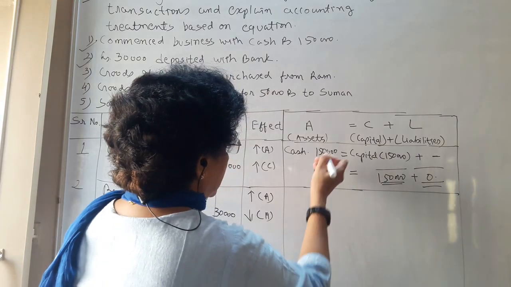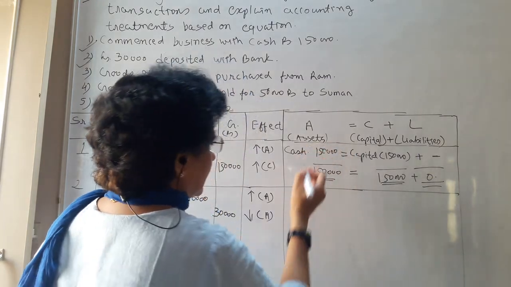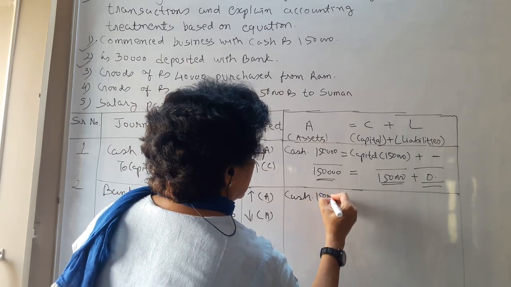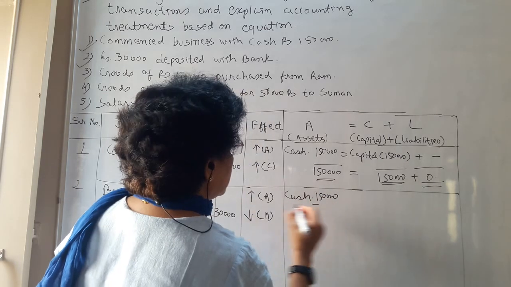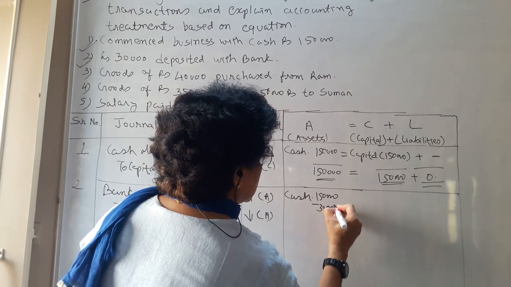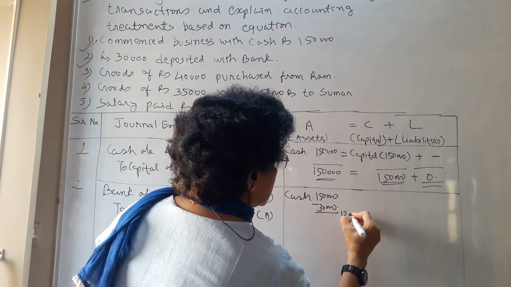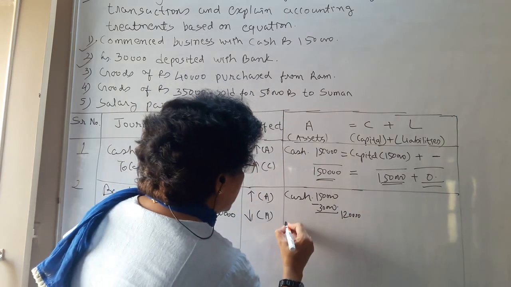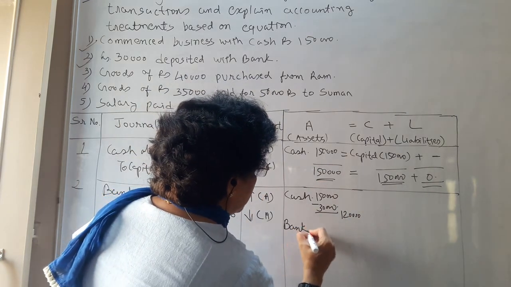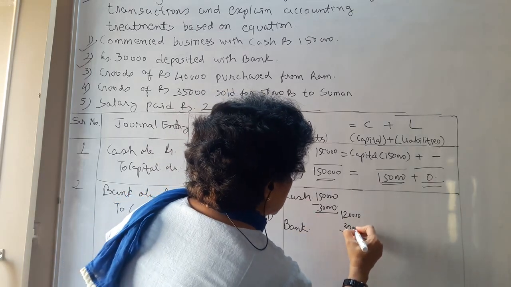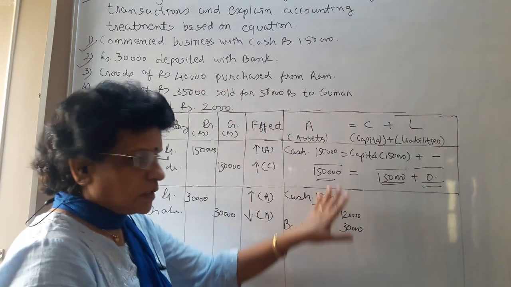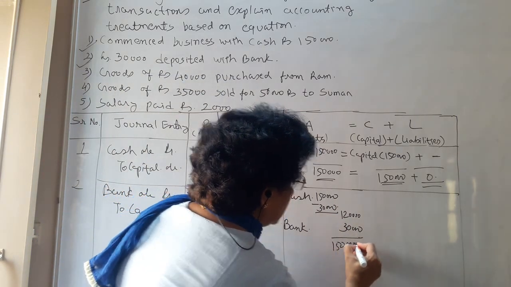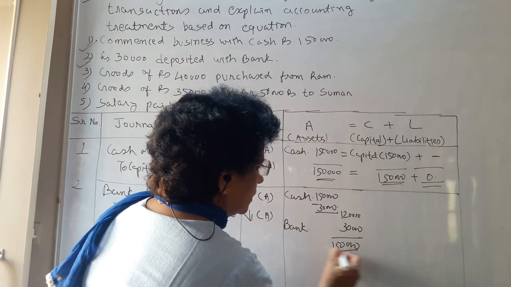So here what happened? Earlier the cash was there. Cash, you were having 1,50,000 minus you have deposited 30,000. So now the remaining cash is 1,20,000. Clear? Now you have another asset, that is the bank. Bank, now you have 30,000. Understood? So the ultimate total is the same, 1,50,000, that is our earlier total.